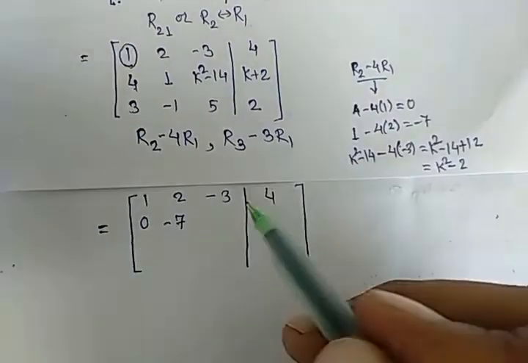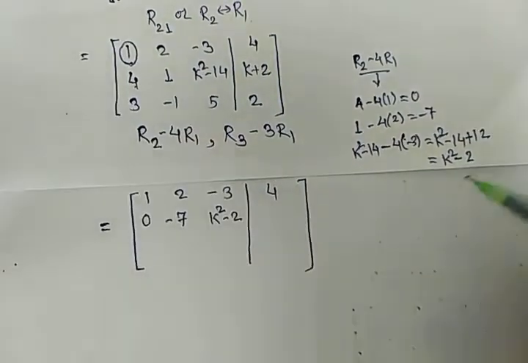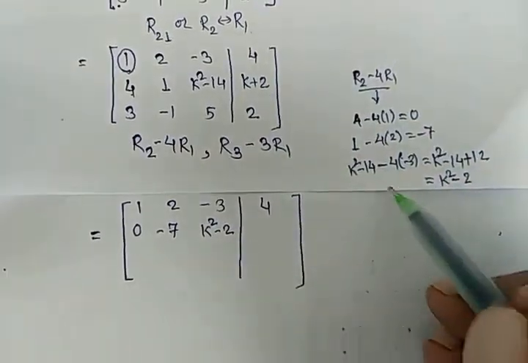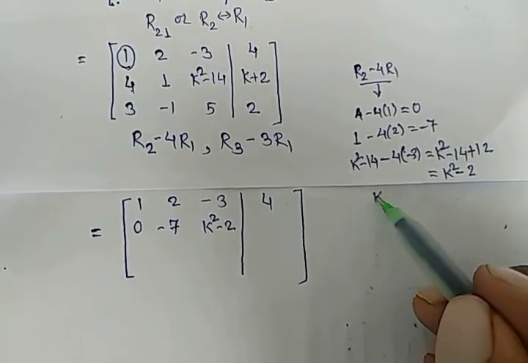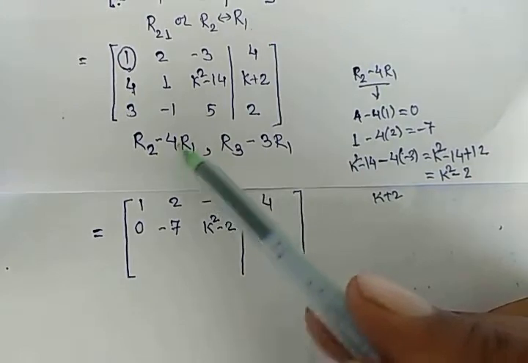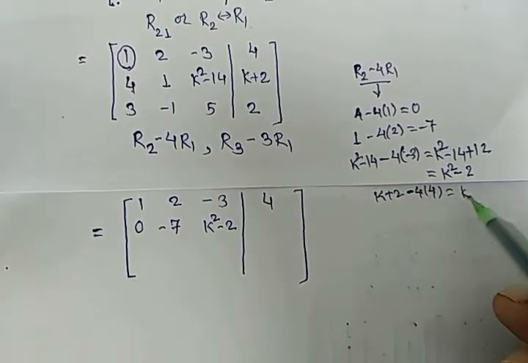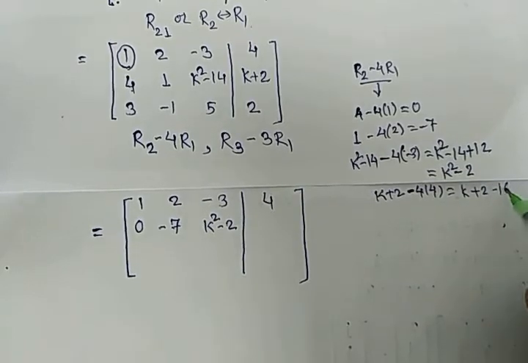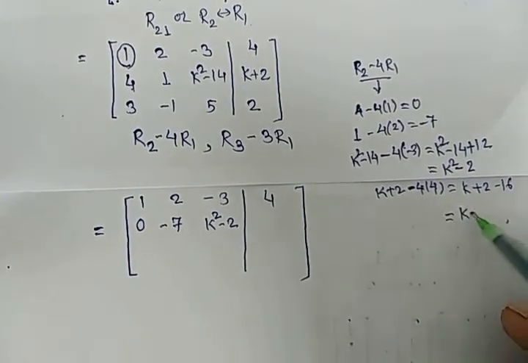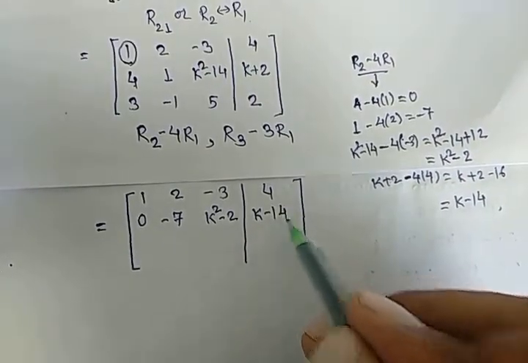Okay, so here it is k square minus 2. Next, it is k plus 2 minus 4 into 4, which is k plus 2 minus 16, which is equal to k minus 14. Now here it is k minus 14.